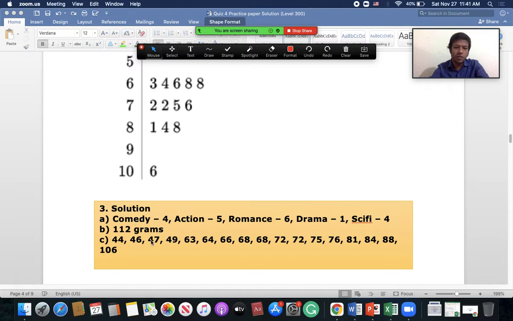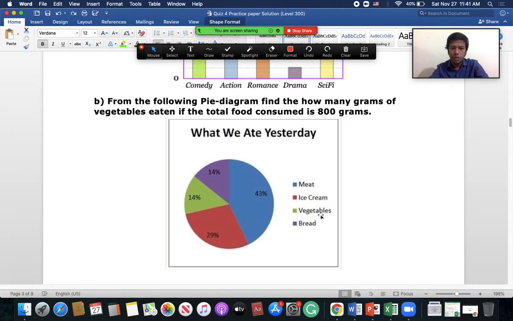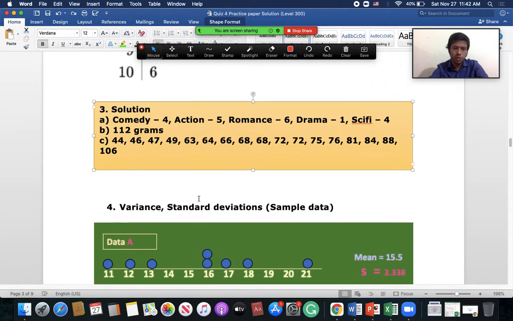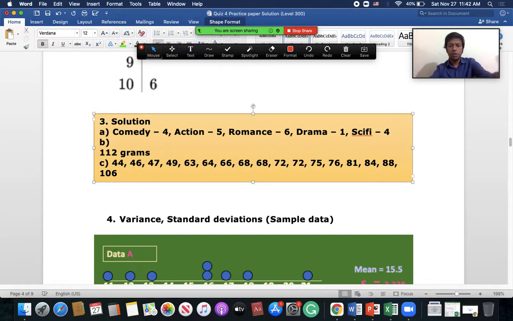This is the answer. We have the answer, 112 grams. So this comes like 100 equals 800 grams. Then 14 equals what? This way you can do it. Like 100% equals 800 grams.